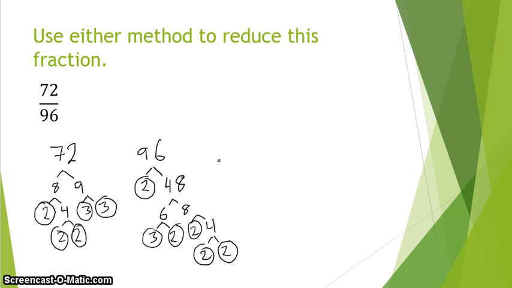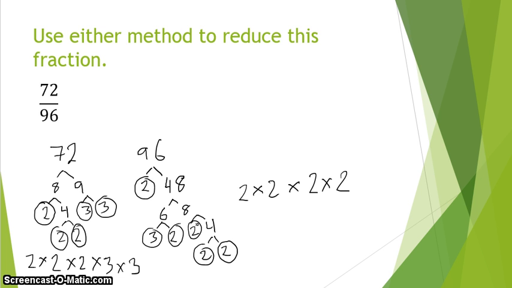Now, I'm going to see what I have in common. So 72 is 2 times 2 times 2 times 3 times 3. 96 is 2 times 2 times 2 times 2 times 2, 1, 2, 3, 4, 5 of them, times 3.